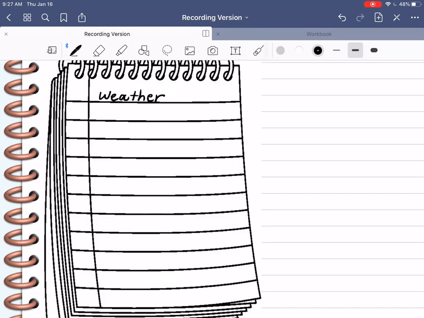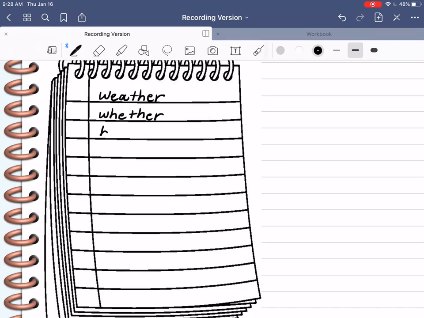Weather. And the next word is whether. Those sound very much alike, and I want you to know how to use them correctly. So weather and whether will be our first two vocabulary words.